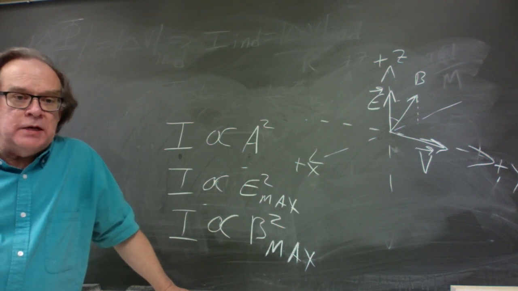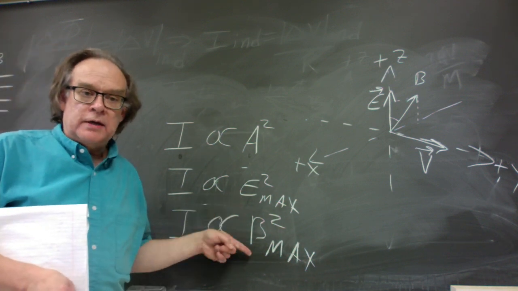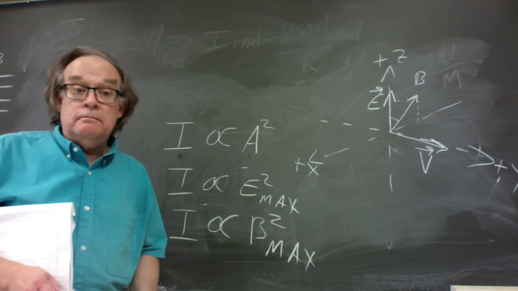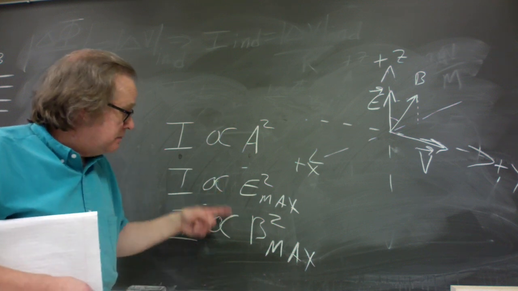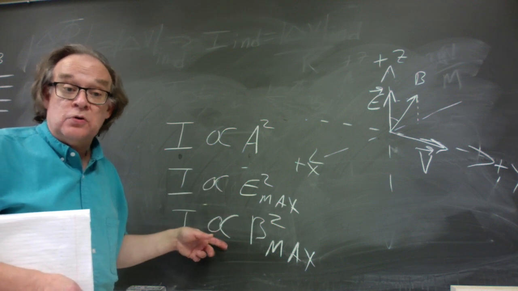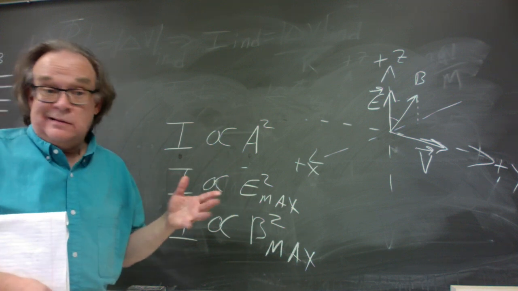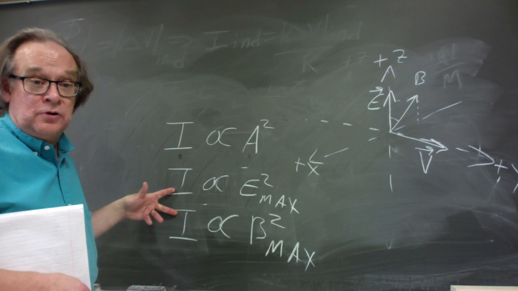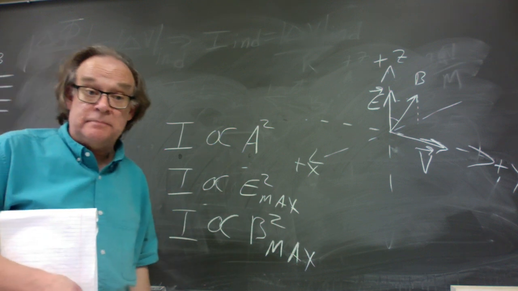Since at any point in time, like the moment when electric and magnetic fields both have their maximum values, they have very, very different size values. Obviously, the proportionality constant here is going to be different from the proportionality constant here. Right? Whether you're looking at the electric field or the magnetic field, you're going to get the same number for the wave's intensity, how much energy it's carrying.